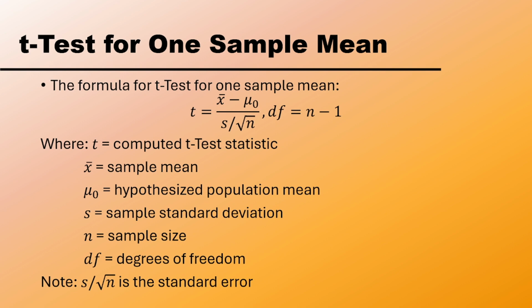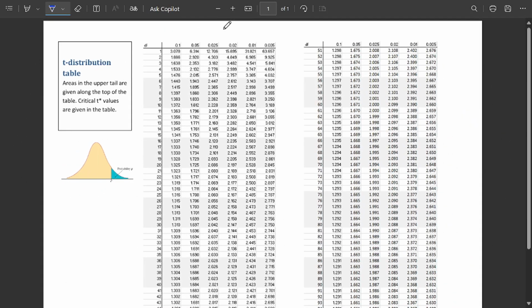I-present ngayon natin kung ano yung tinatawag na t-table. So what you can see on the screen is the t-table that I am using in my class. Yung first column natin here is the degrees of freedom. At ito namang 0.1, 0.5, 0.25, ito naman yung mga level of significance, yung mga rejection region.